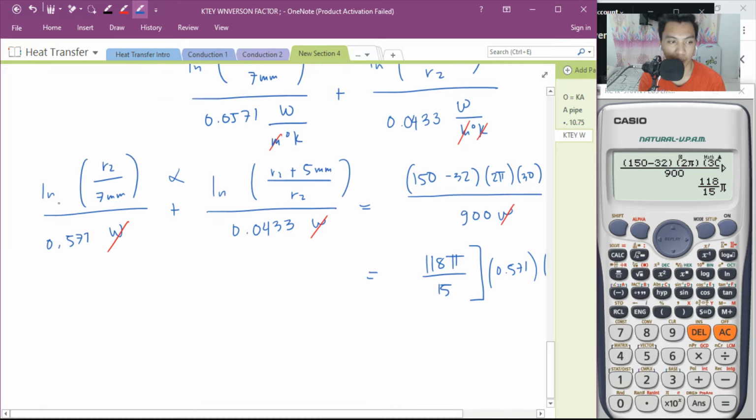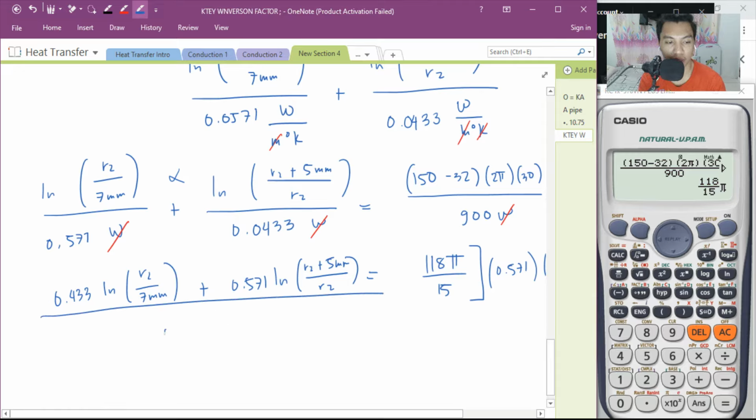Ayan, pwede na yan. Tapos to, cancel yun nandito. 0.433 ln nung R2 over 7 mm plus 0.571 tapos ln nung R2 plus 5 mm over R2 divided by yung dalawa, 0.571 multiplied to 0.0433.